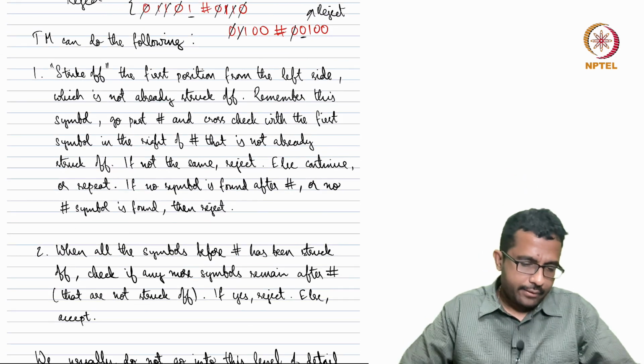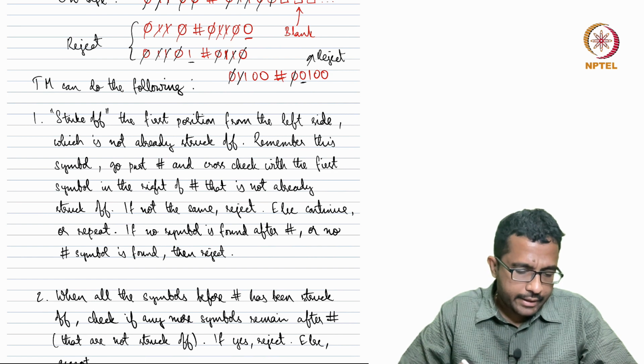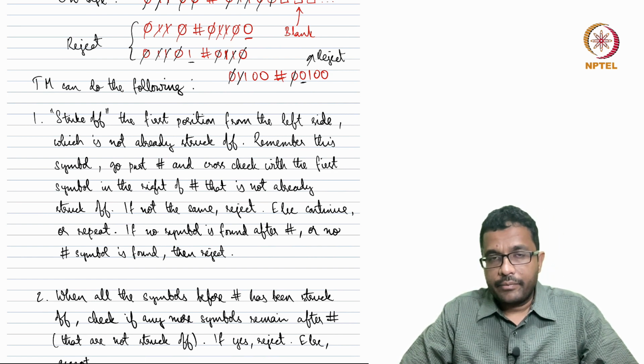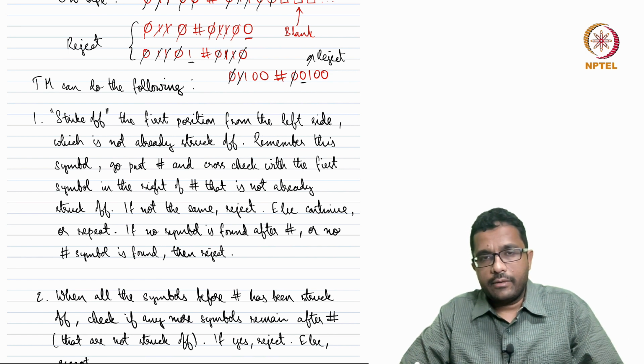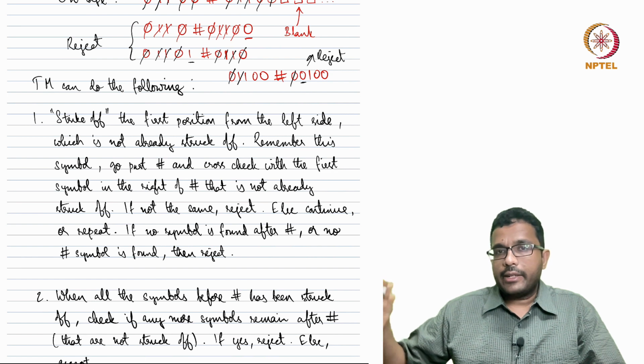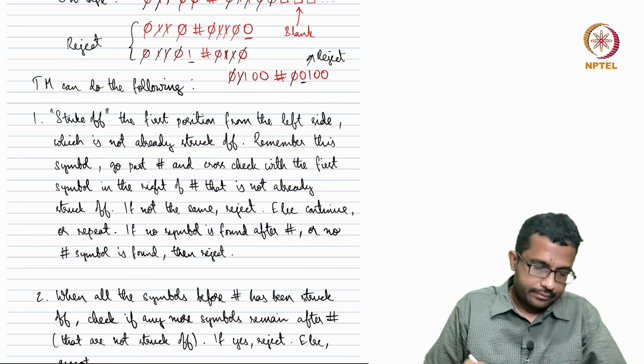And the same thing I have written in a bit of detail. So what does it do? It strikes off the first position from the left side which is not already struck off. It remembers the symbol that was struck off, moves to the right, goes past the hash symbol, and cross checks with the first symbol to the right of the hash that is not struck off.